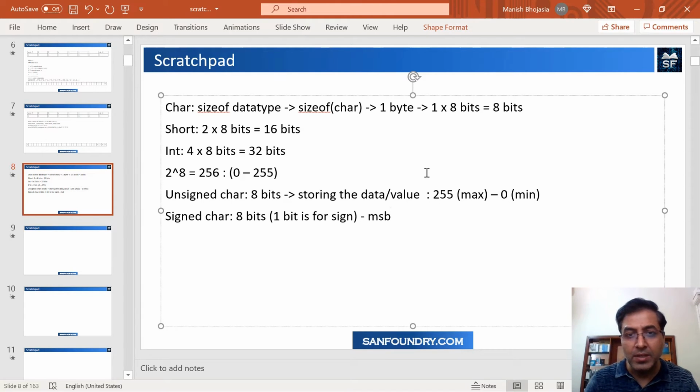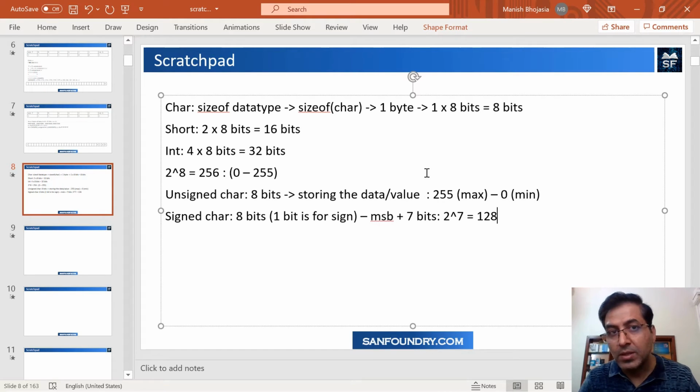Now how many bits are remaining? 1 bit is for the MSB, so we have only 7 bits of information, and we can store a maximum 7-bit value. When you say 7 bits, we are looking at 2 to the power 7, which is 128.